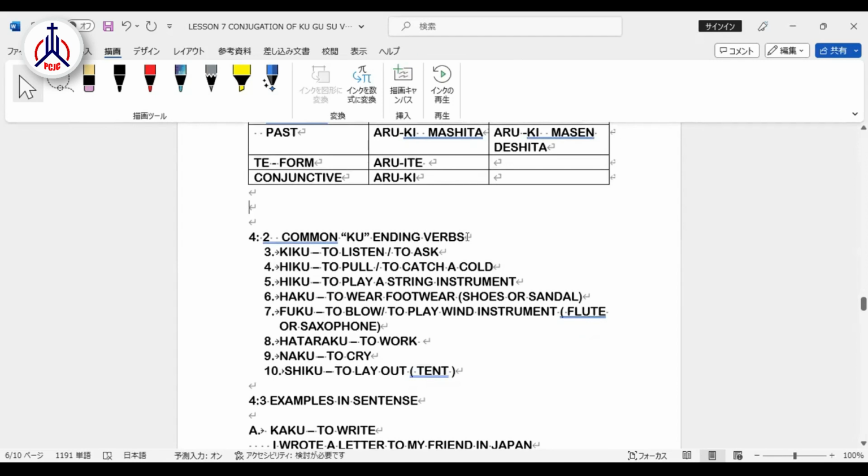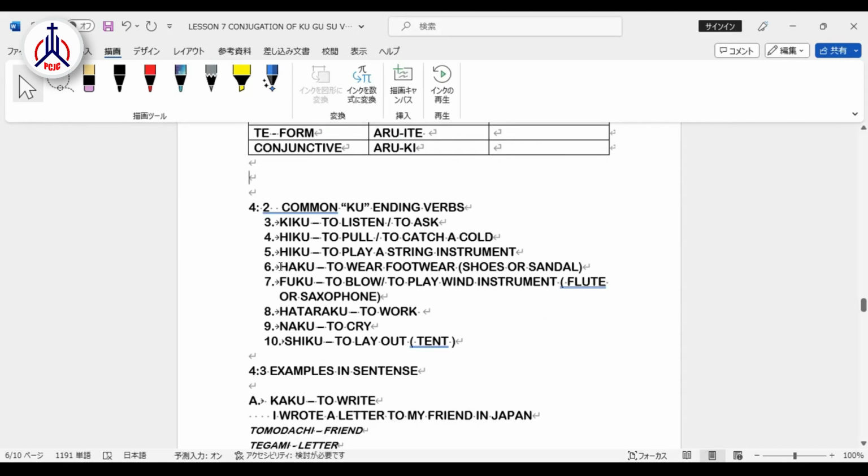Okay? So here, I'm giving you 10 ku ending verbs. Number 3 is kiku, means to listen or to ask. Hiku means to pull or to catch a cold. Then another hiku means to play a string instrument like guitar. Haku means to wear footwear like shoes or sandals.